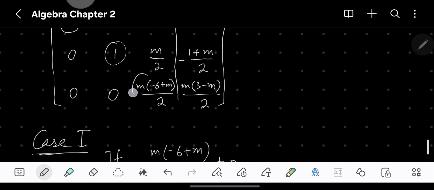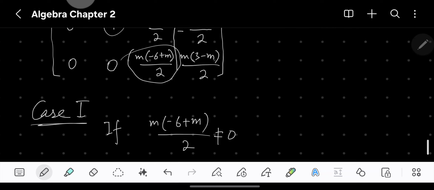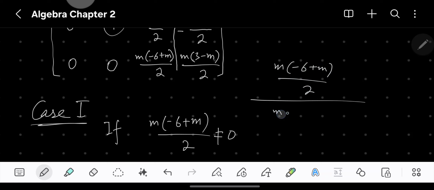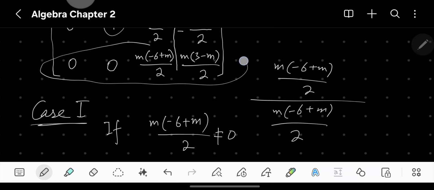I can divide the last row by this entry. What will happen if I divide the last row by this value? Because something divided by the same thing is 1. So if I divide the last row by this value, then this value will become 1, because I will be writing m times minus 6 plus m by 2 divided by m times minus 6 plus m by 2, because I am dividing each entry of this whole row with this value.